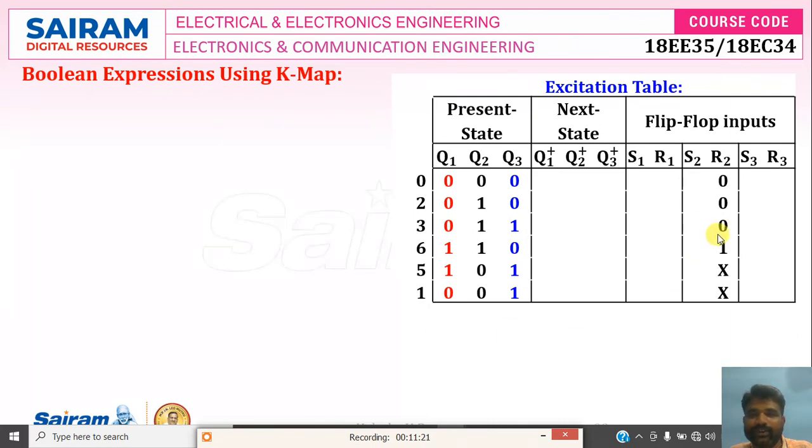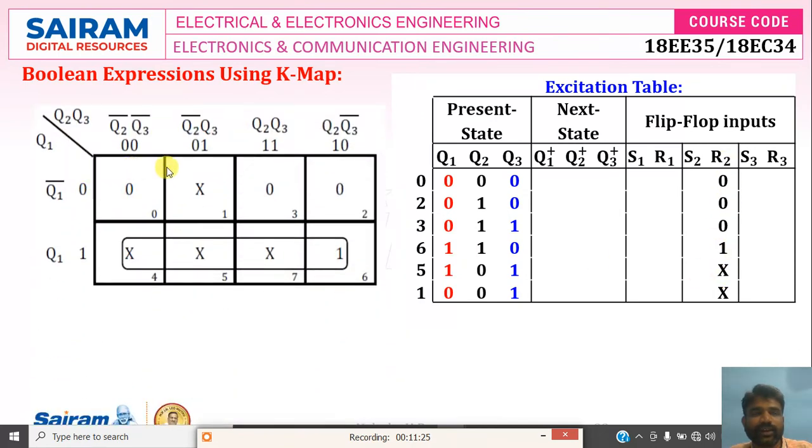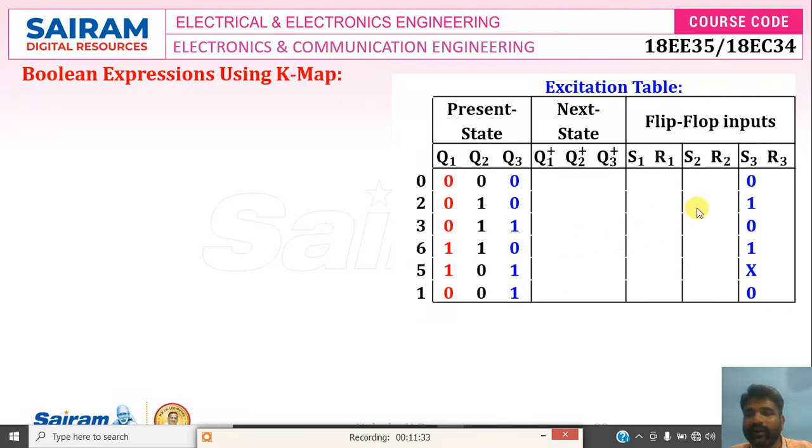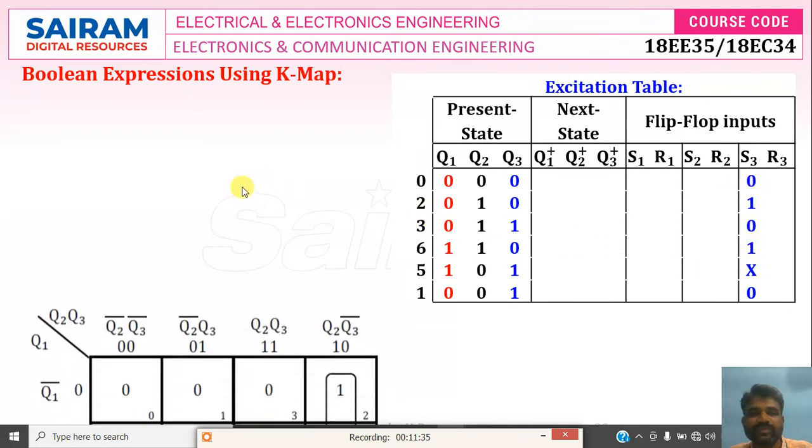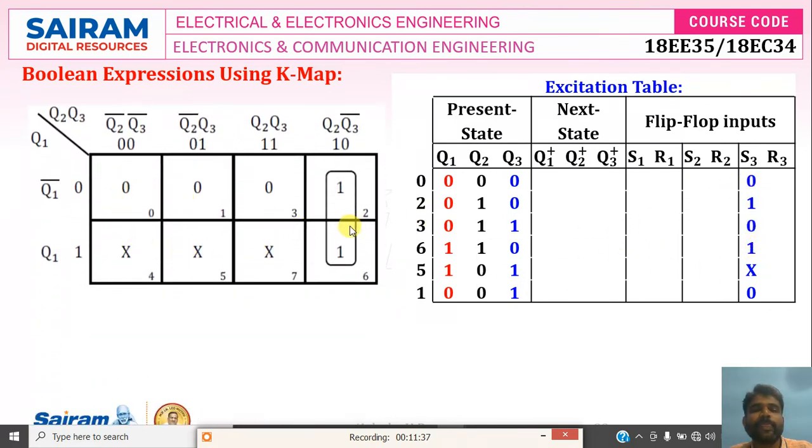Similarly, for S2, consider R2 column, and this is the corresponding K map, and here one quad is possible. So the expression is Q1. Similarly, for S3 column, corresponding K map, and here one pair is possible.